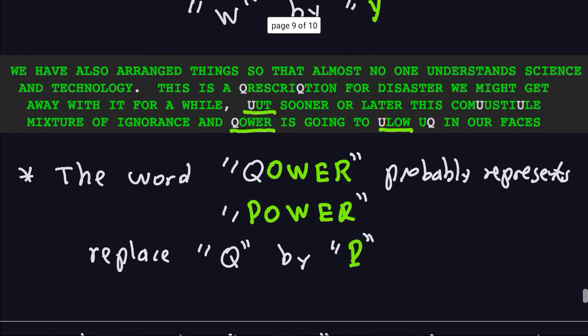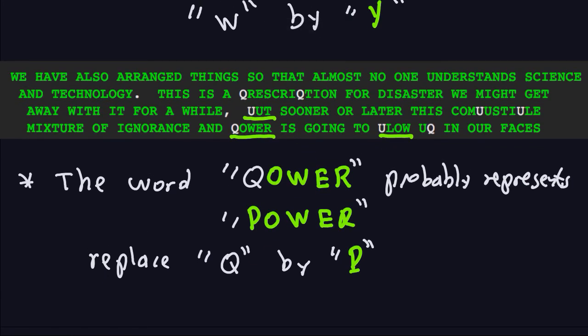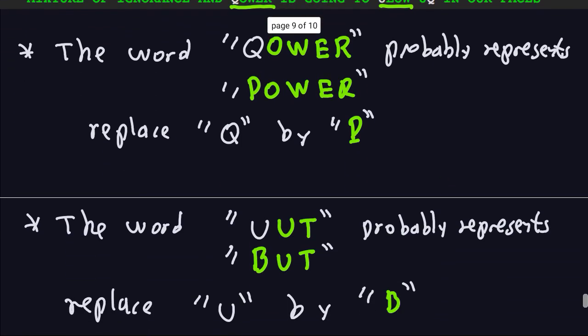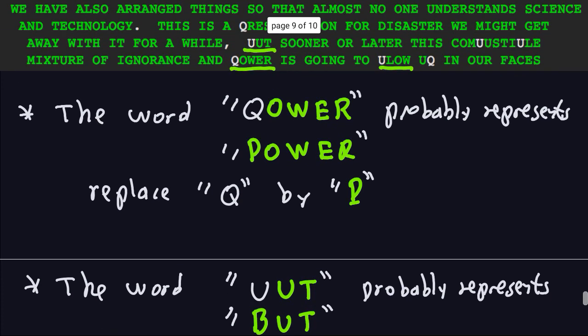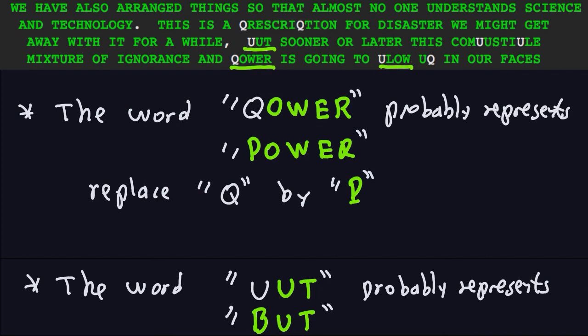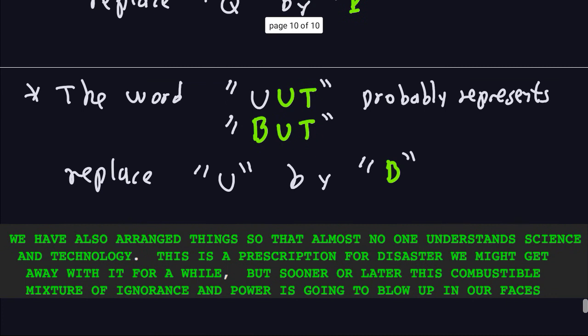And this 3-letter word here, if you look at the 3-letter words that end with UT, then this U is probably a B. So this one here will probably be "but". So the white U will be replaced by the green letter B. Then actually we don't have to do that one.